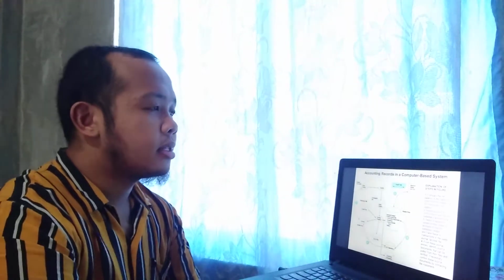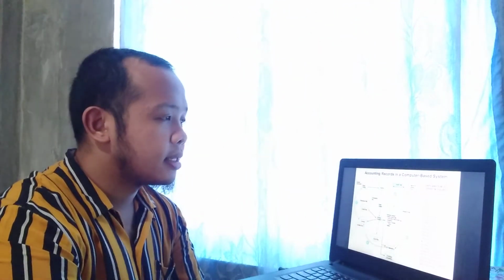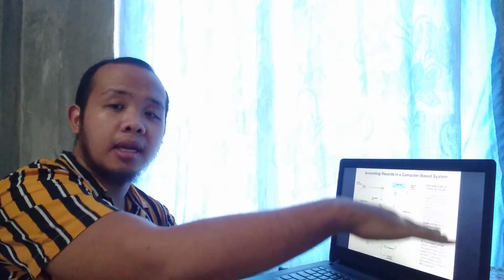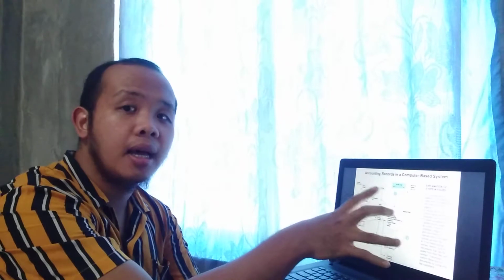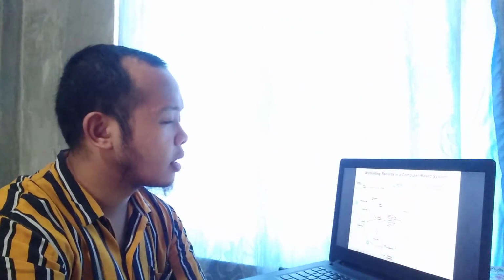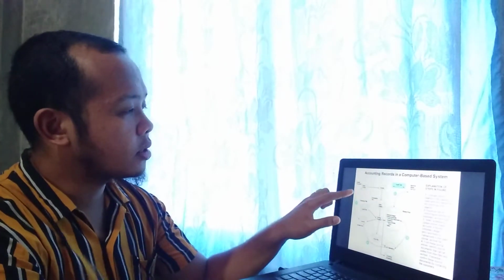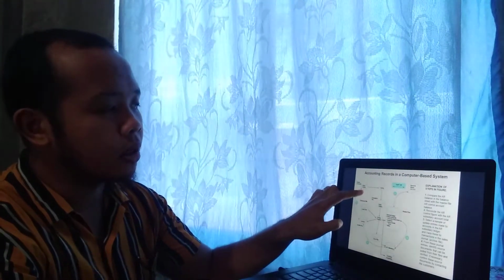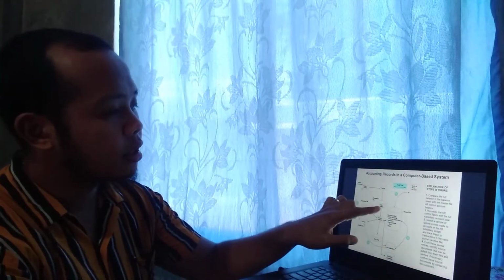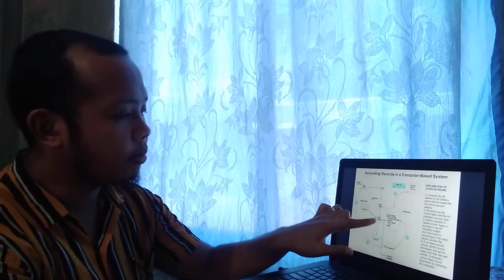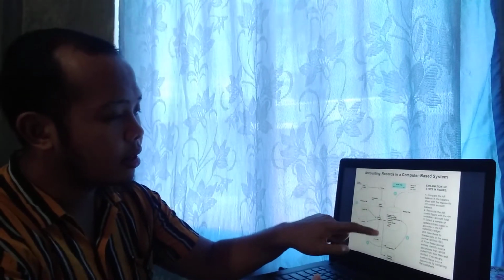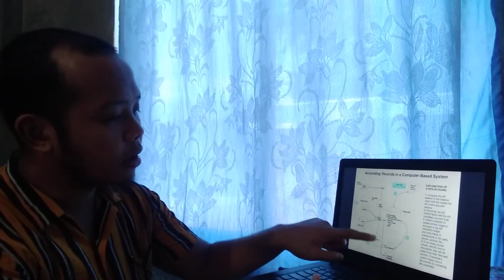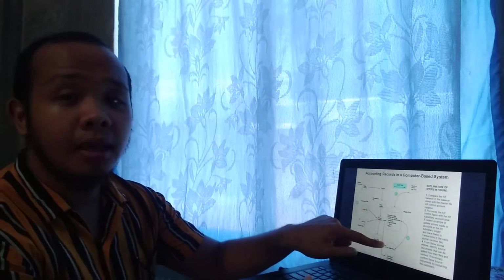So, accounting records in a computer-based system. Your class, the explanation is on the side, so let's go to the flowchart. In the source document, the sales order or SO goes to the transaction file to update. Then in the master file, once ordered, you have AR: debit AR, credit sales.